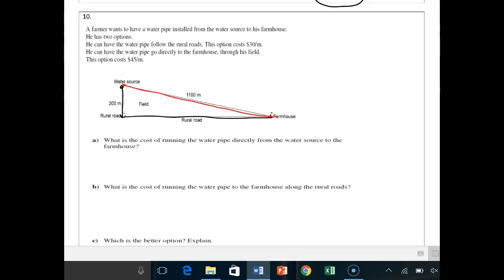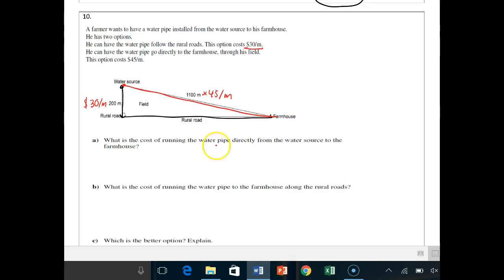One option looks like it's going to be quicker, but that option costs him $45 per meter, whereas the rural roads is $30 per meter. And basically, we're going to find out which one is the cheaper option.